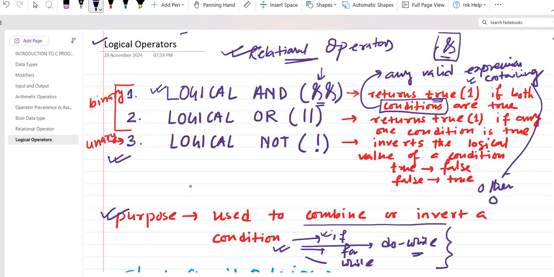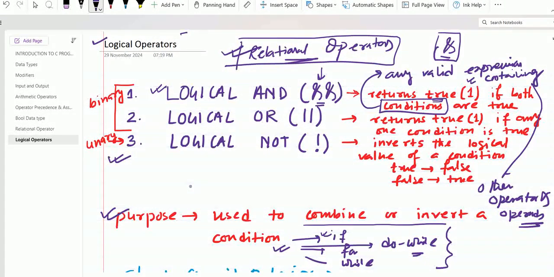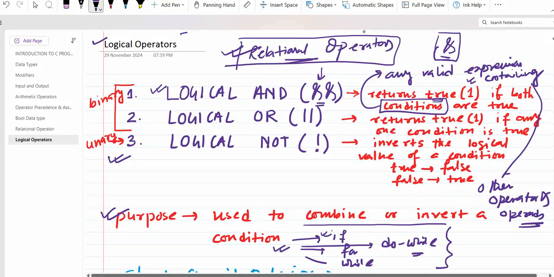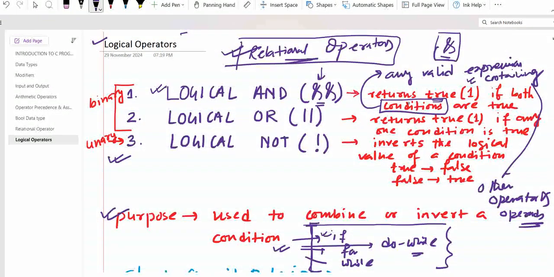Note this down. That's why I have mentioned we can write the condition with the relational operator. Mainly we write the condition with the relational operator along with the if statement and the other three loops. And on the other side, the logical OR operator returns true if any one condition is true.